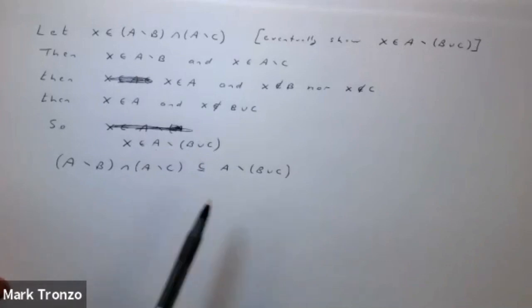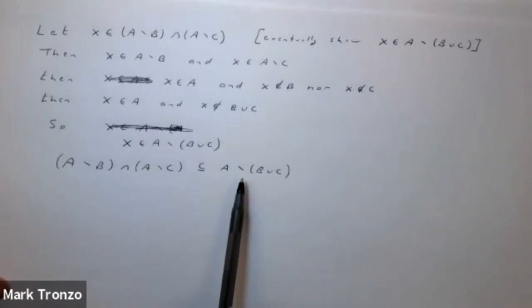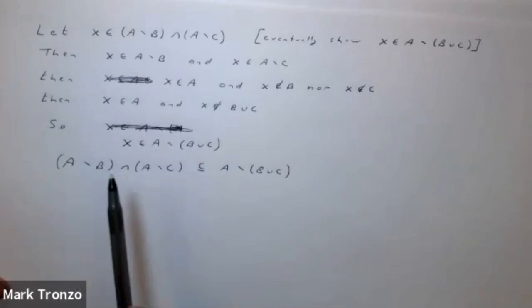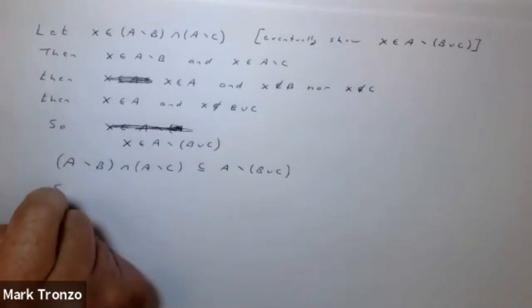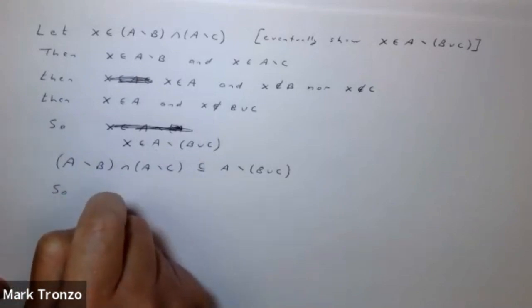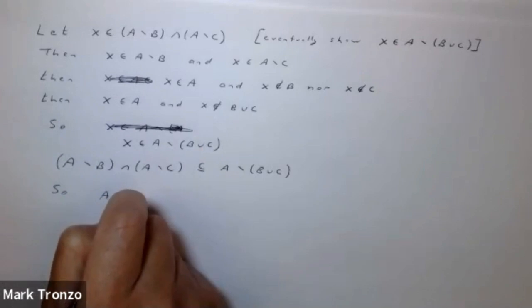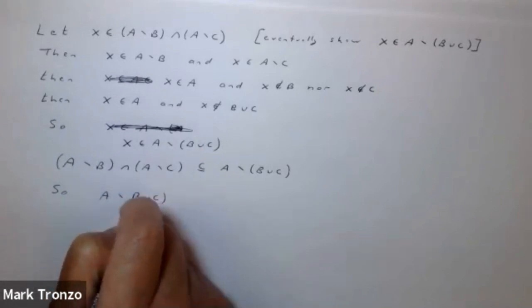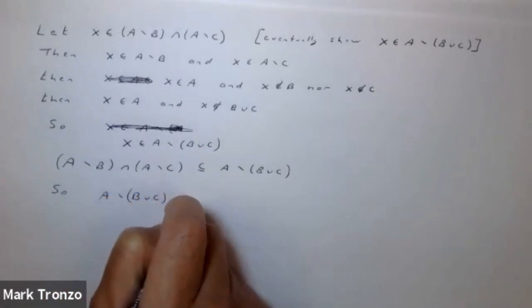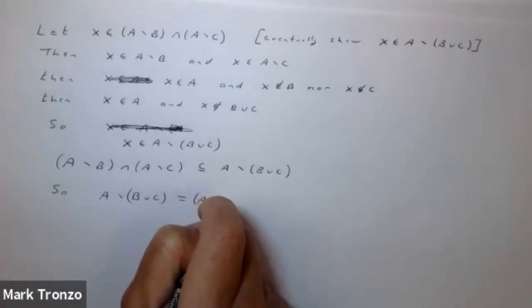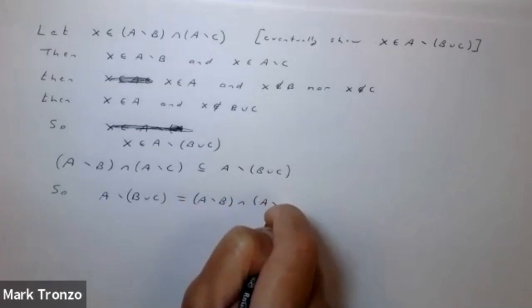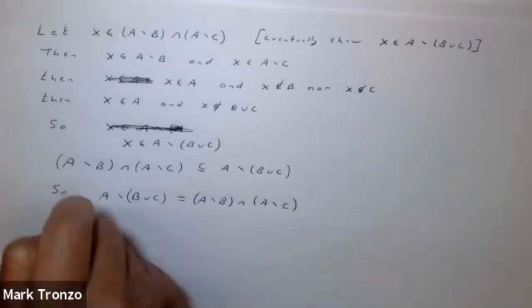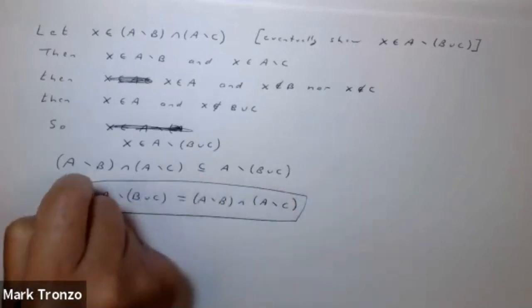We proved the first part, that this was a subset of this, and now we proved this is a subset of this. So we have that A complement B union C equals A complement B intersection A complement C, which is what we were trying to prove.